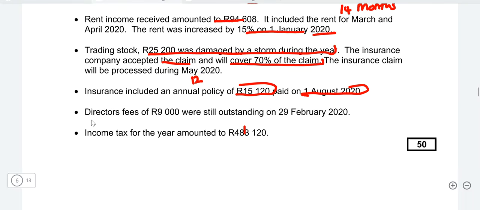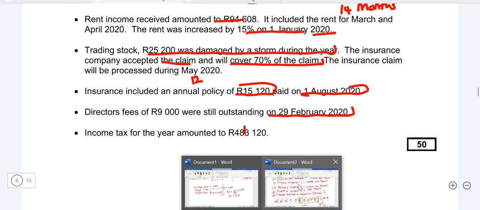And then here they're saying that directors fees of 9,000 were still outstanding on 29 February 2020. Remember, I said accrued expenses reduce our net profit, from the notes that I made at the beginning.